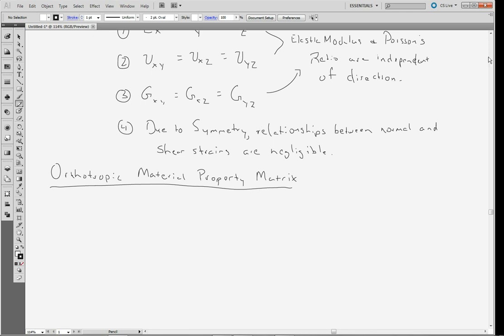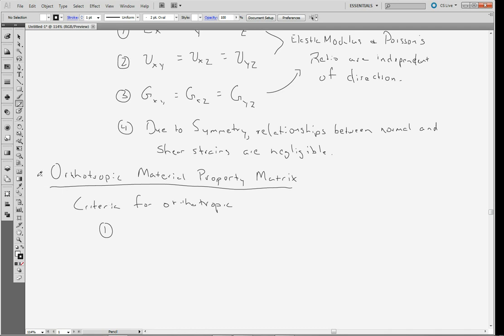All right, so I'm going to do this one maybe in a little bit backwards formation. We're going to talk about the criteria first. It's the most complicated one that we'll deal with in this class because dealing with pure anisotropy is virtually nobody does it. It's just too complex.